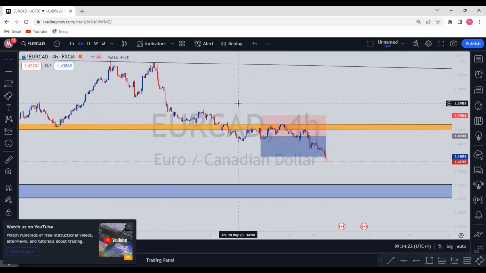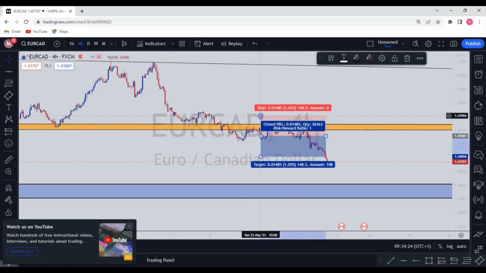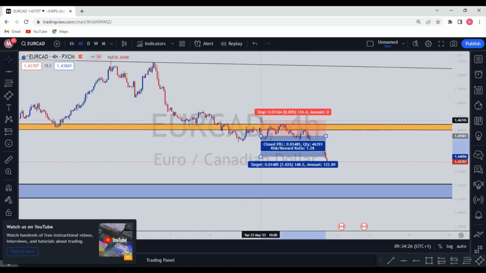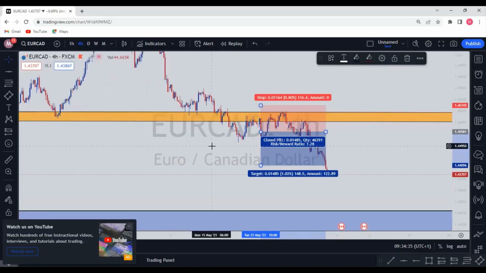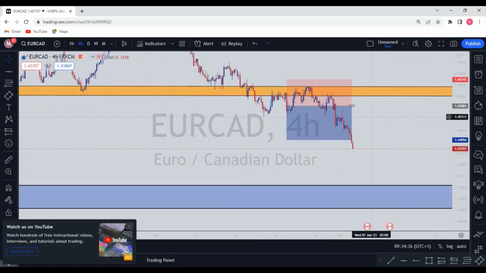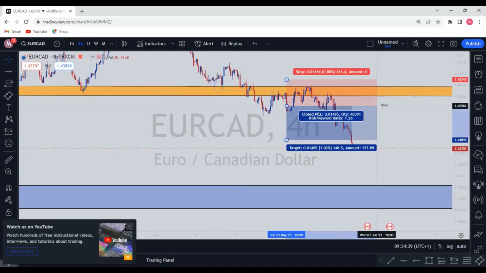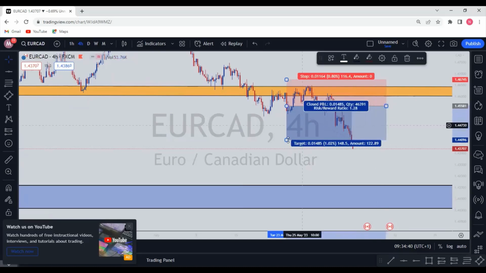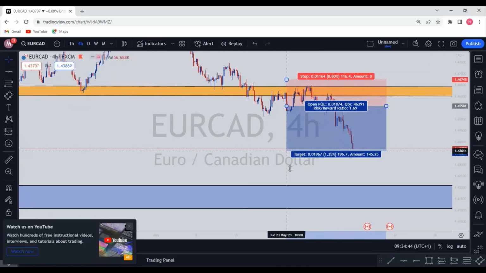And I put my stop loss just above here, 116 pip stop loss. It's not small, I know, but I just had to do a risk calculation and adjust my risks in terms of lot size to this.